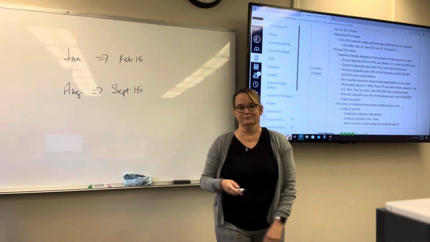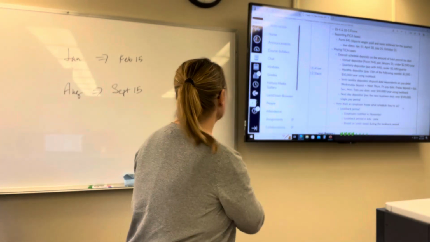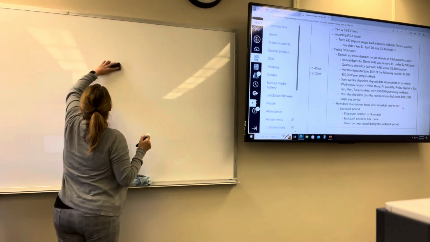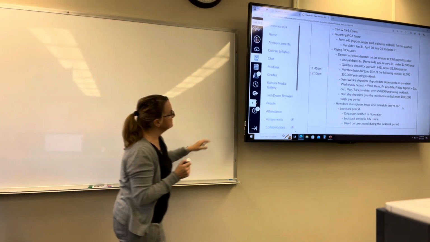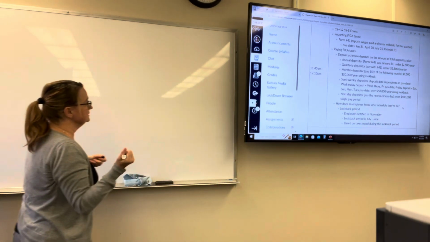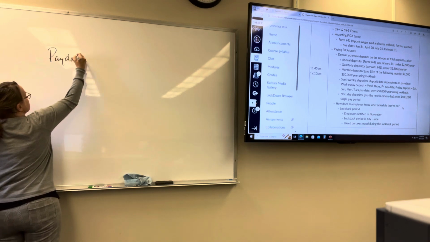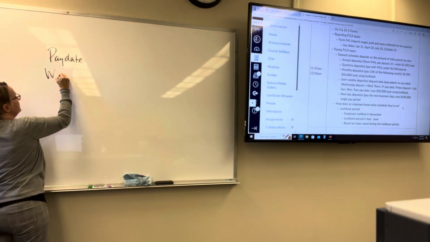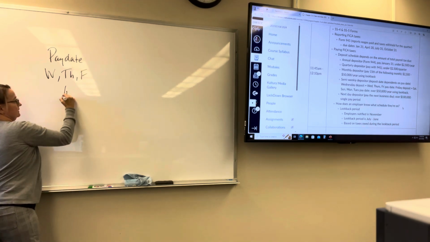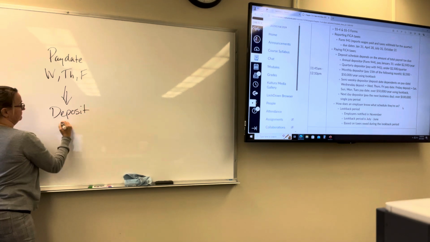So, and this is the one that confuses students the most, okay? This semi-weekly. If I pay, and again, this is if I have owed over $50,000 during the year, if my pay date is Wednesday, Thursday, or Friday, I am going to deposit the following Wednesday.